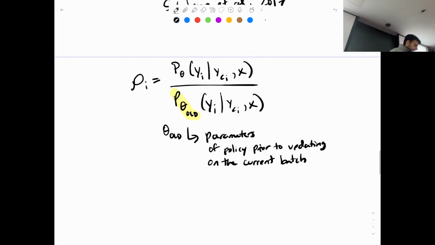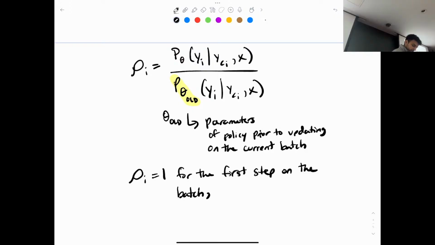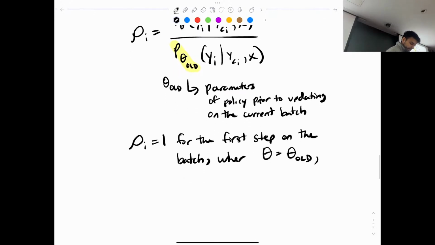So here, this policy ratio, I did not practice writing these rhos, equals 1 for the first step on the batch, where theta equals theta old, and then it deviates on subsequent steps.